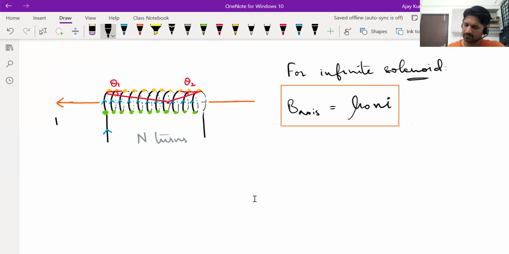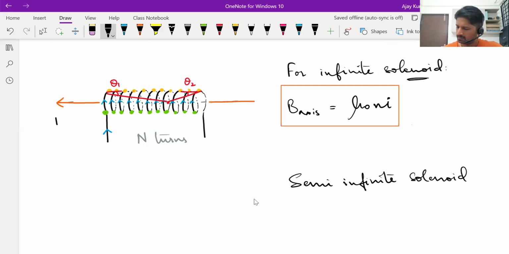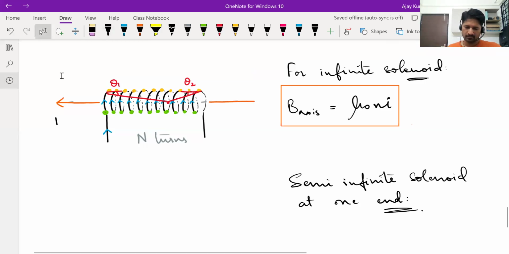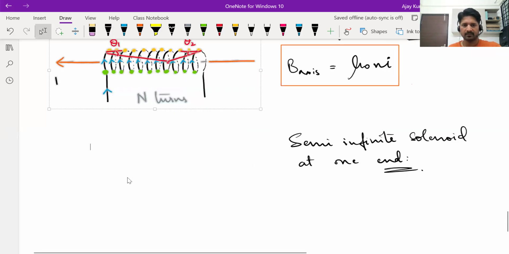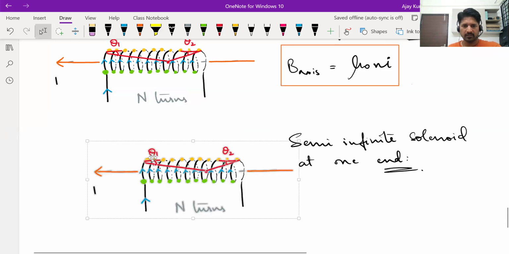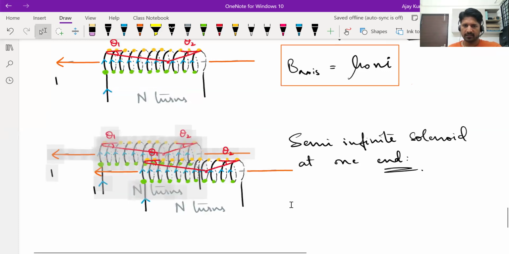Next, semi-infinite solenoid at one end. Semi-infinite solenoid means one end is visible, the other end is at infinity. And I am particularly talking about the field at one end of the solenoid.